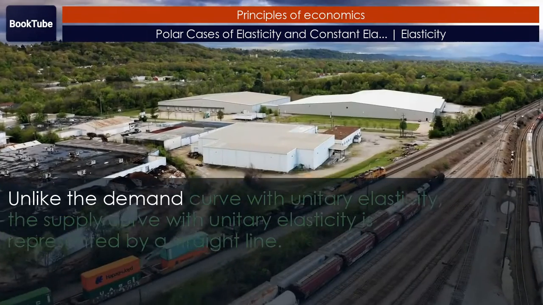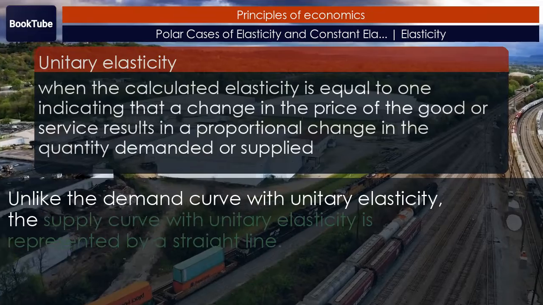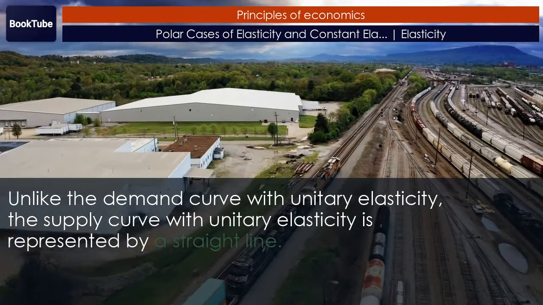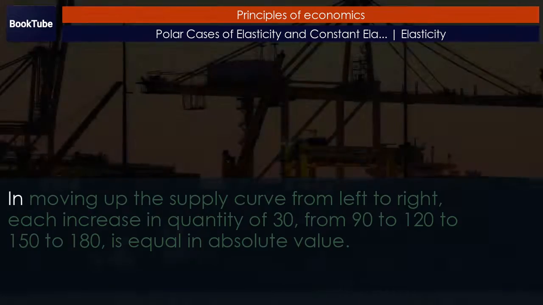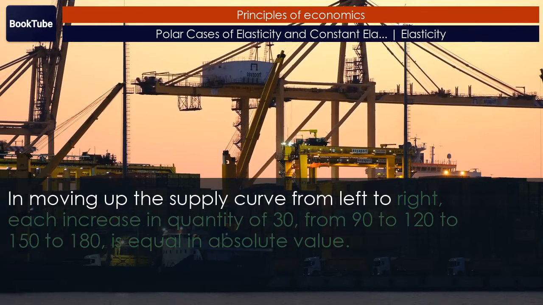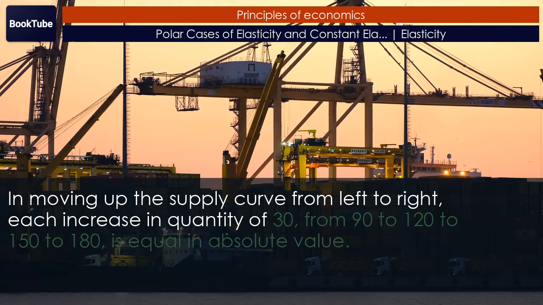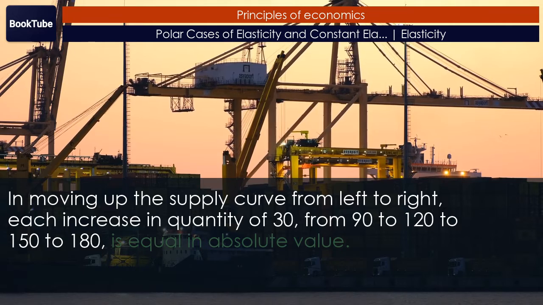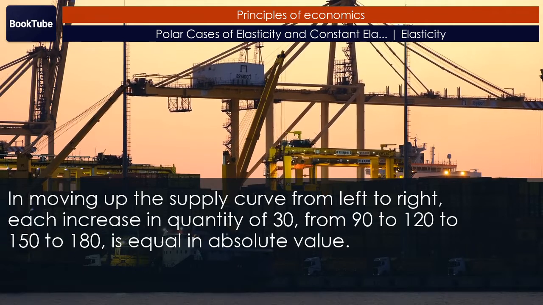Unlike the demand curve with unitary elasticity, the supply curve with unitary elasticity is represented by a straight line. In moving up the supply curve from left to right, each increase in quantity of 30, from 90 to 120 to 150 to 180, is equal in absolute value.